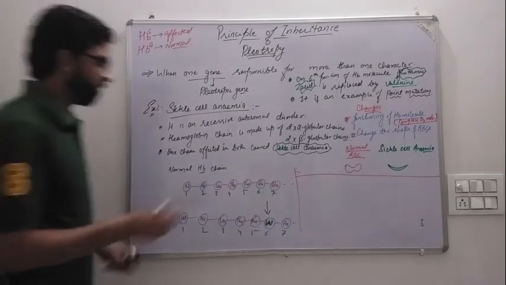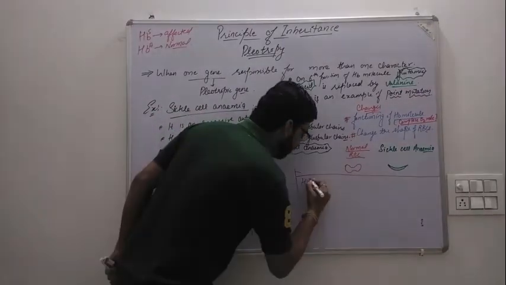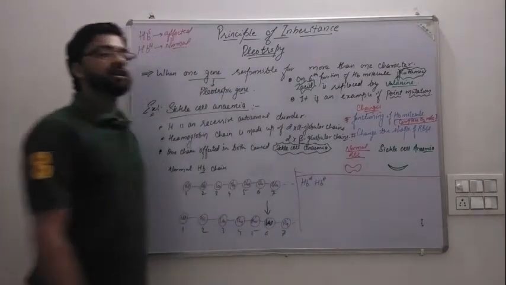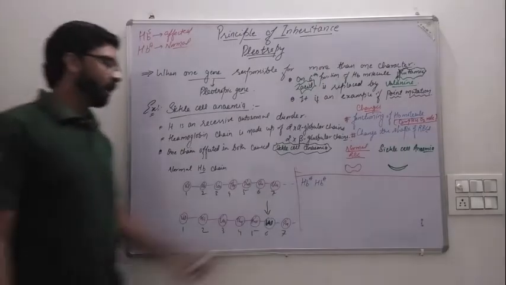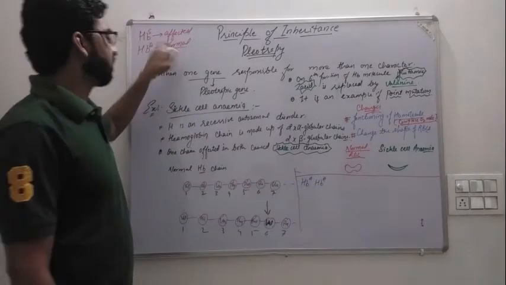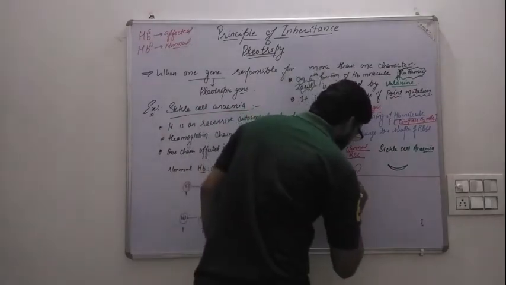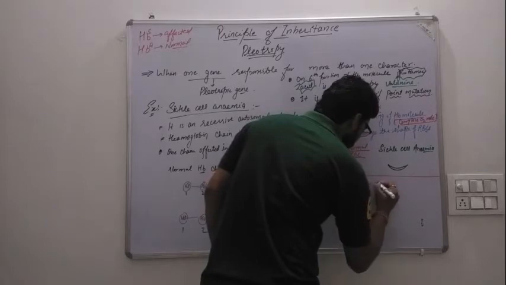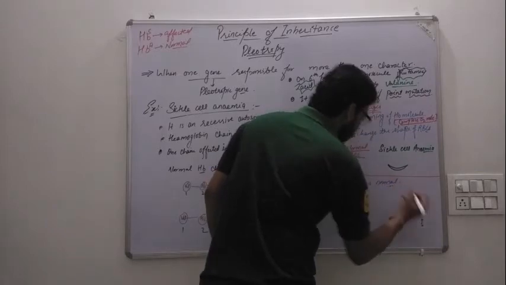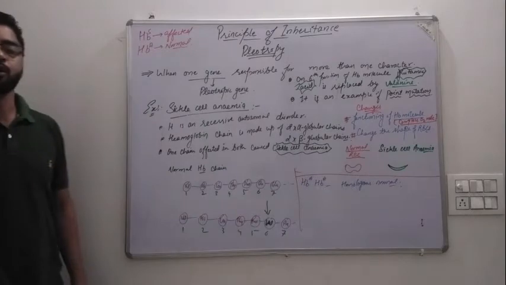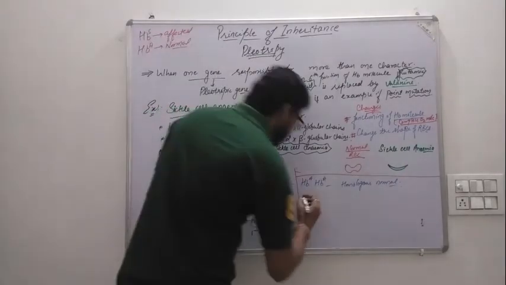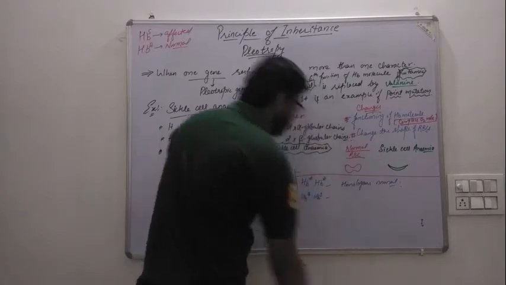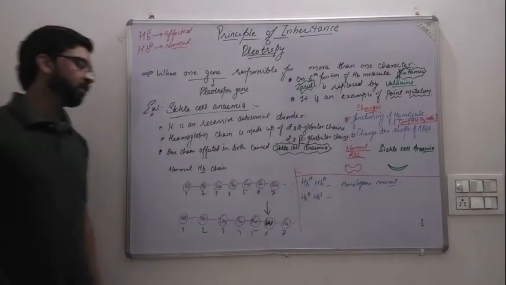The first set is HbA HbA, homologous and normal, with no sickle cell in it. The second condition is HbA HbS.